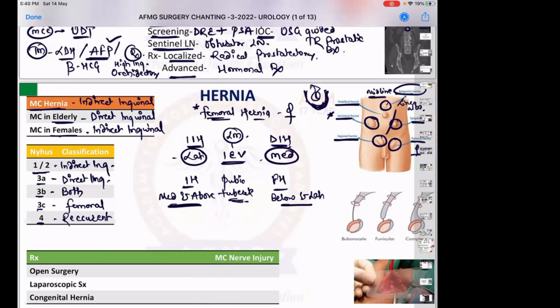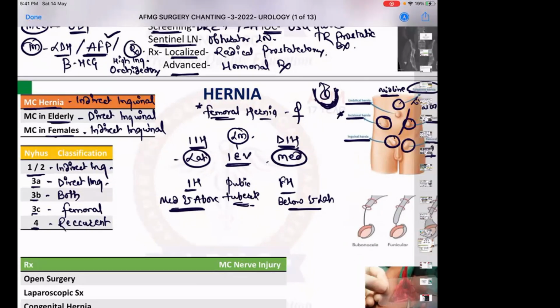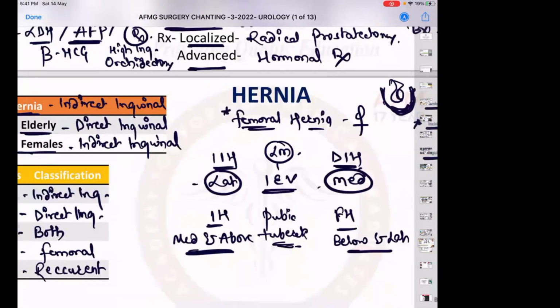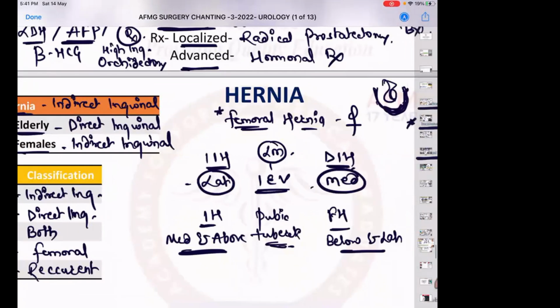Why? Because the indirect inguinal hernia comes through the narrow deep and superficial inguinal rings, whereas a direct inguinal hernia comes directly from the abdominal wall, so there are fewer chances of strangulation.